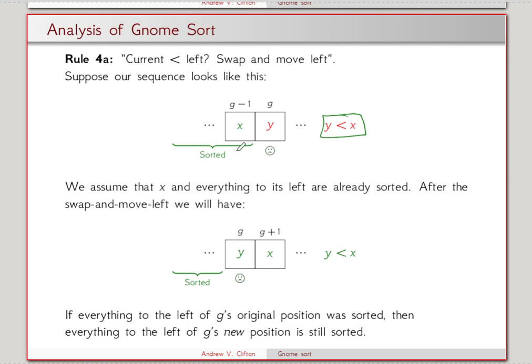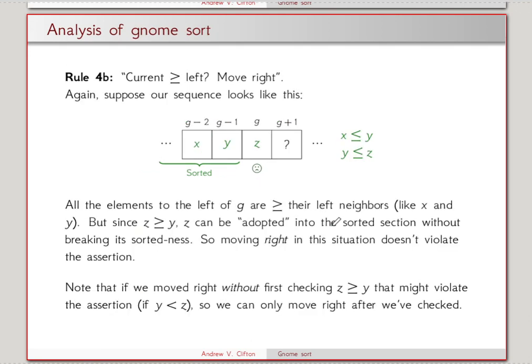If everything to the left of this was already sorted, then when we move here, this stuff over here is still sorted, right? This is just a portion of what we had before. So everything to the left of the gnome's new position is still going to be sorted. So this case preserves our property. It makes the part that we're assuming to be sorted a little bit smaller, but it preserves that property.